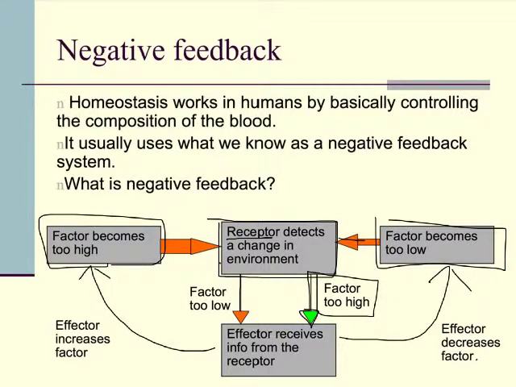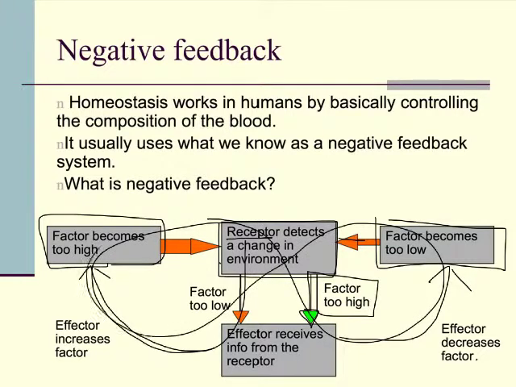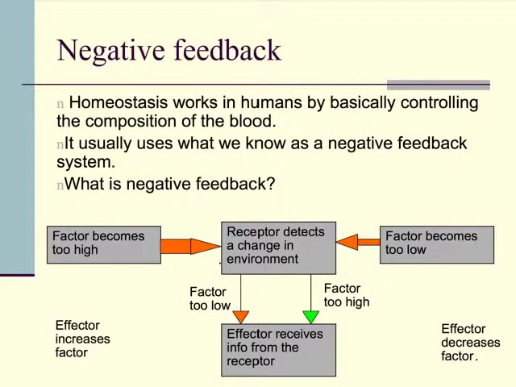And it just keeps happening, that kind of cycle. This is true for whichever factor we're talking about. Like I said, the focus of today is going to be temperature, but this is the same for your water, same for your glucose, and so on.